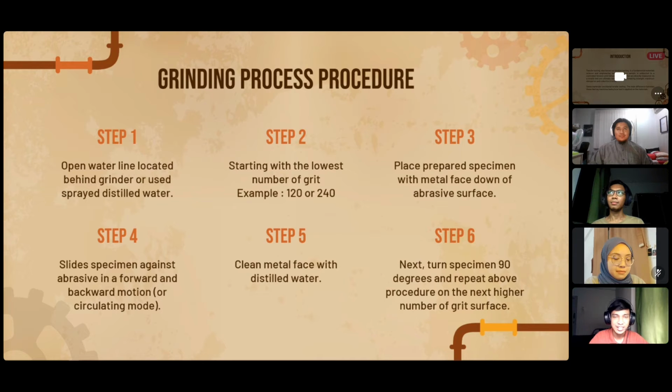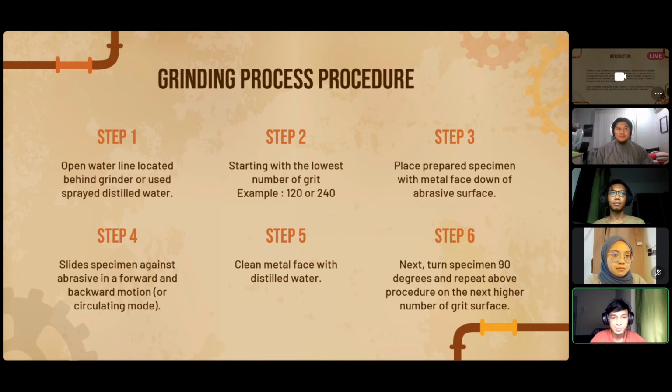Grinding process procedure. Step 1, open the water line located behind the grinder or use spray distilled water. Step 2, starting with the lowest number of grit, example 120 or 240. Step 3, place the prepared specimen with metal face down on the abrasive surface.